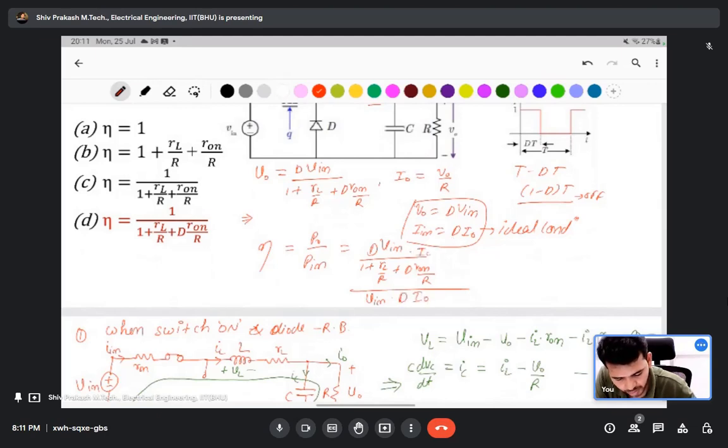Into I naught is the power. This one cancels out. Efficiency is equal to 1 upon 1 plus RL by R plus D R on by R. This is the efficiency of that converter.